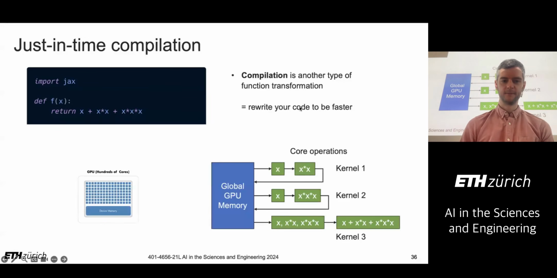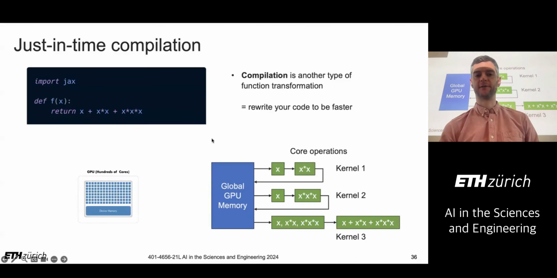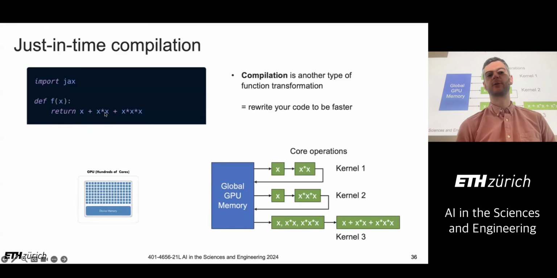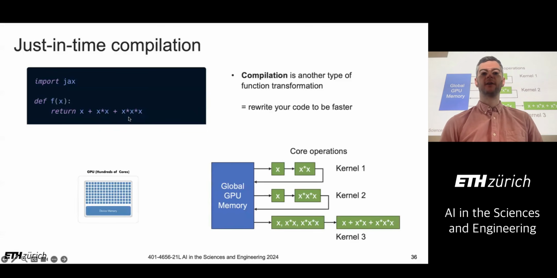This is an example of how we might make this code a bit faster. This is a function that just computes x plus x squared plus x cubed. The way this function might run on the GPU, if you just call it this way in JAX, is with separate underlying CUDA kernels.